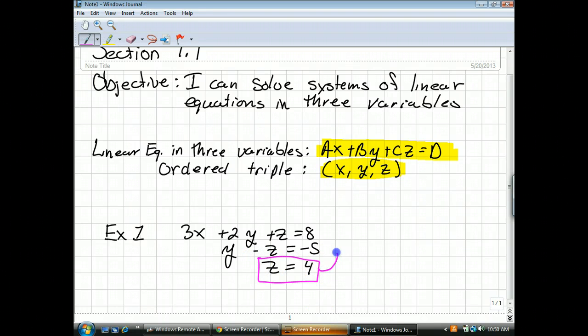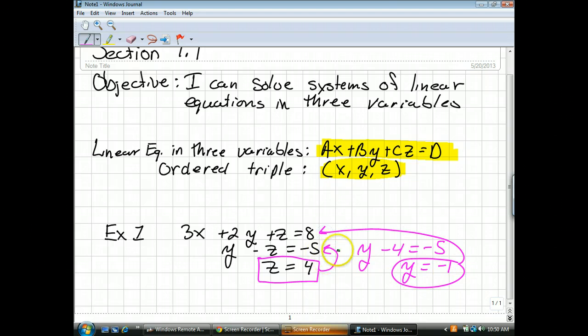Then we can take that 4 and put it into this equation and find the y. So we get y minus 4 equals negative 5, and so then solve for y, so we get y equals negative 1. Now we take the y and the z and come up to the first equation and solve for x.